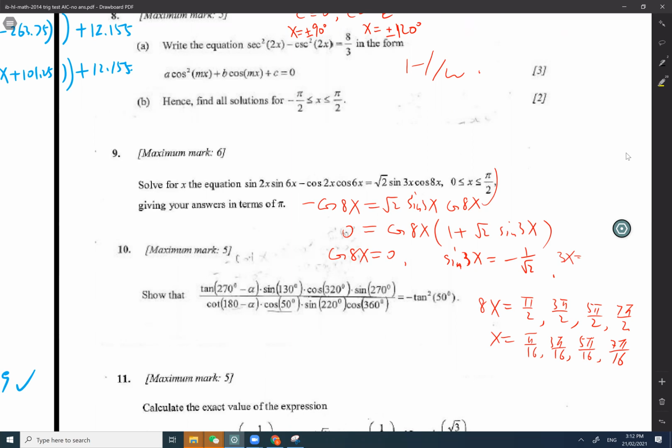The other one, 3x equals. 1 over 2 is about 45 degrees. But negative will be here. Like pi plus quarter pi. And this side is 2 pi minus quarter pi.